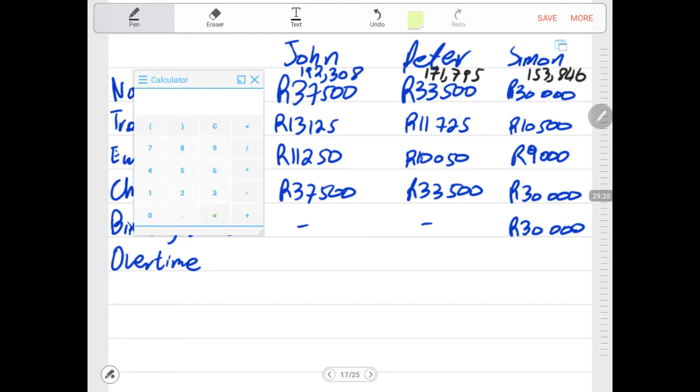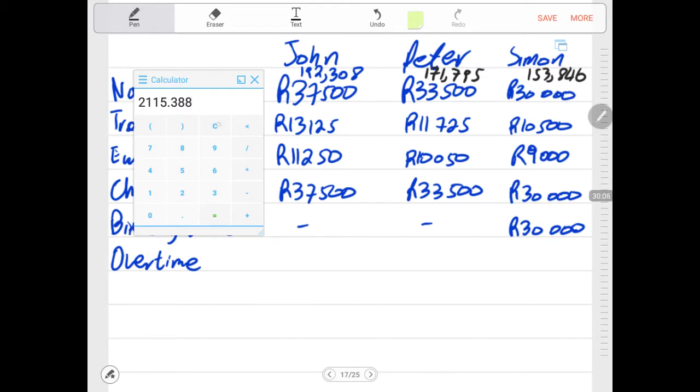Then it will be 192.308 times 11. The overtime for this employee becomes 2,115 rands, which is paid for the normal working hours.